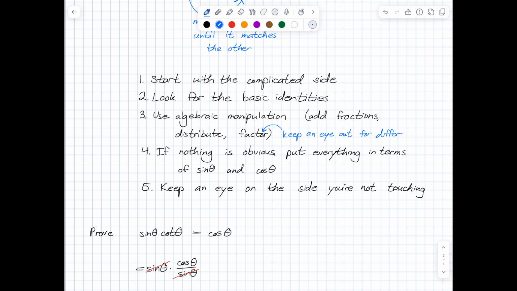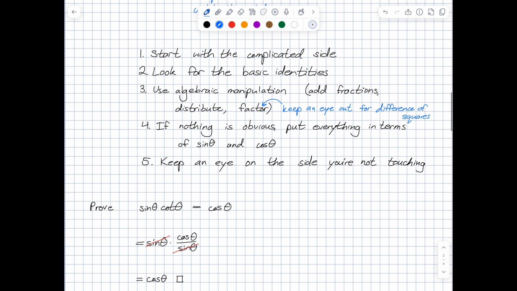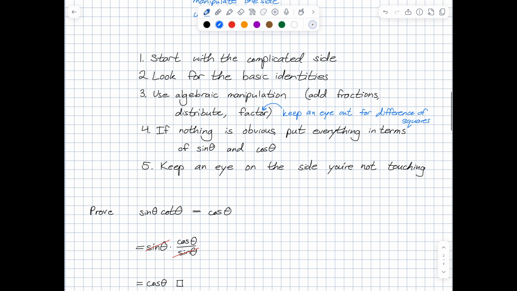And if you don't remember what difference of squares is, I'll go into that a little bit. Difference of squares is whenever you have something of the form a squared minus b squared, it will factor as a plus b times a minus b.